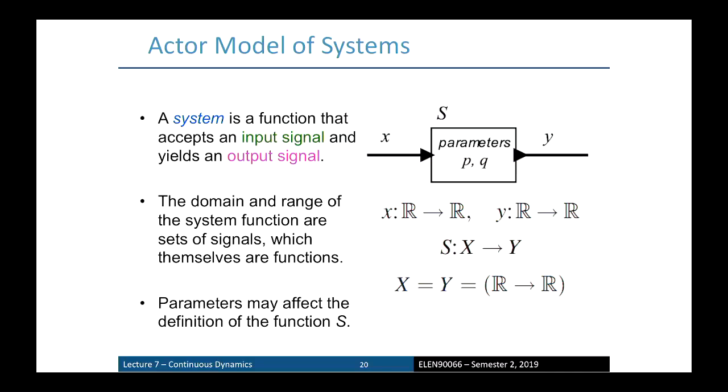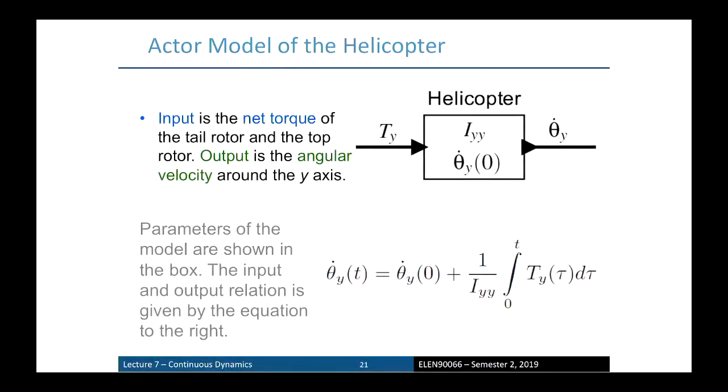Now, the best thing about the actor model is that we'll have blocks that have specific functions that are universal to many different types of systems. And here's just our basic mappings and everything like that, right? So the system function maps something from X, something in big X, to something in big Y, X to Y. Okay. How's this useful? This is how you would represent the helicopter system as an actor model. The idea is that this is the plant, the thing you want to control, the helicopter itself.